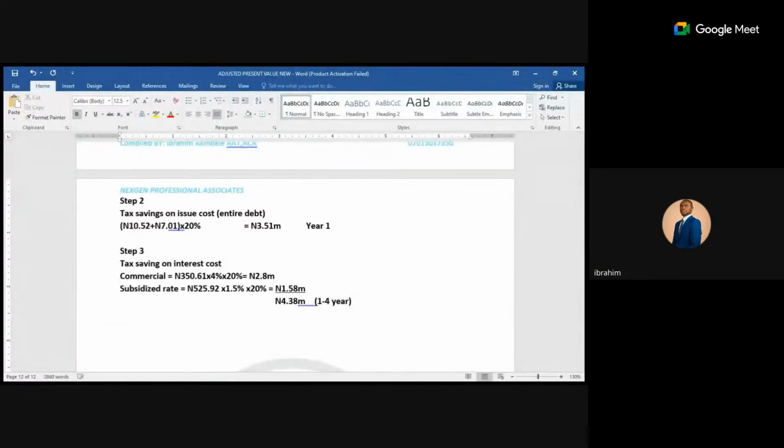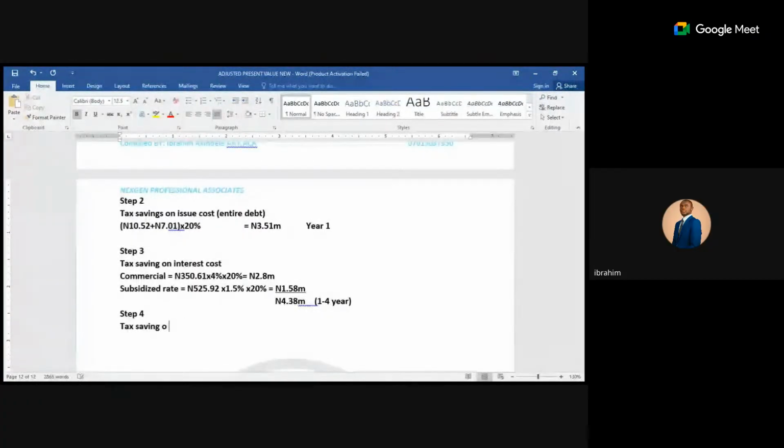So please, what is the next step? Subsidized interest. Tax savings on interest. I like the way you've rebranded your step. It makes sense. Whichever one is convenient for you, you're good.